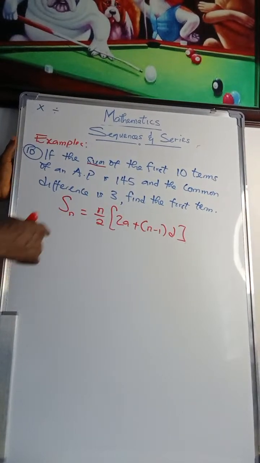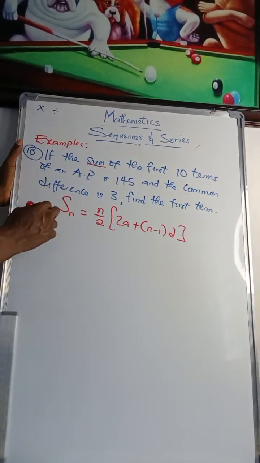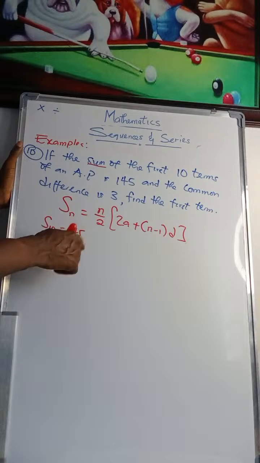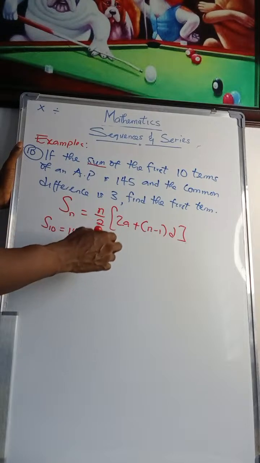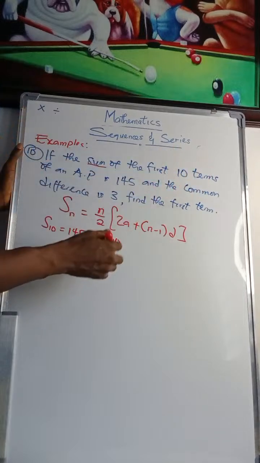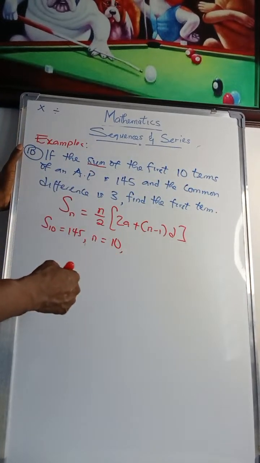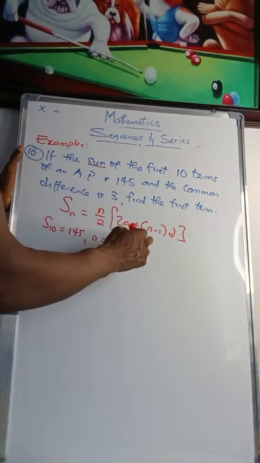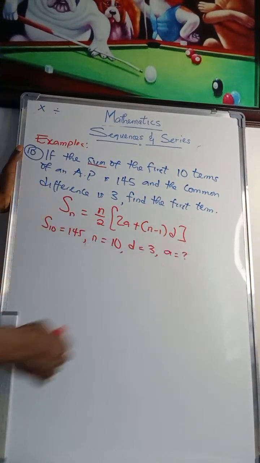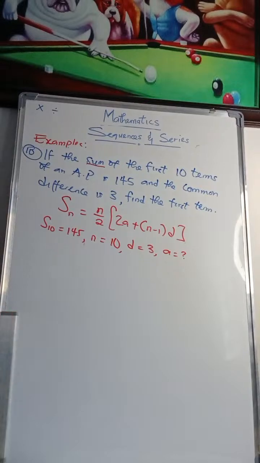The sum of the first 10 terms is given to be 145. That means our n is 10, because first 10 terms. What else is given? We are given the common difference. Our d is 3. We are looking for a, the first term.